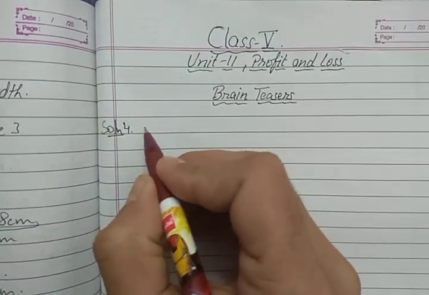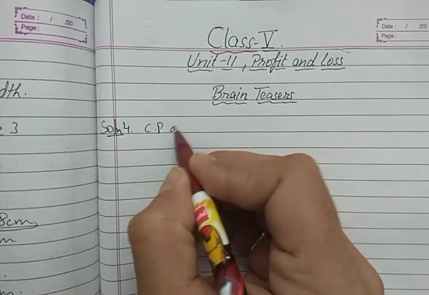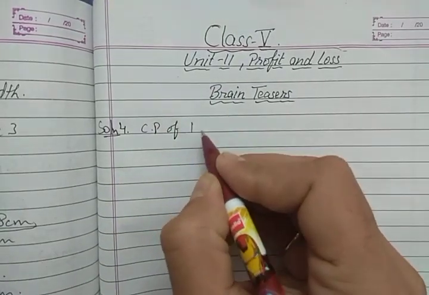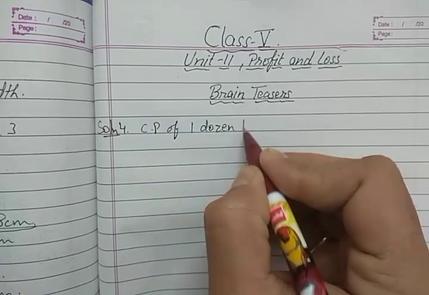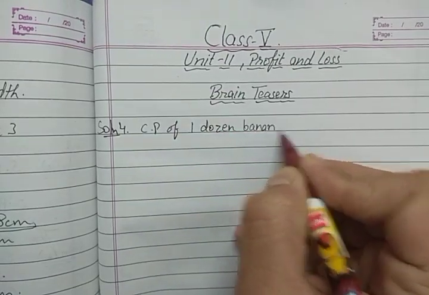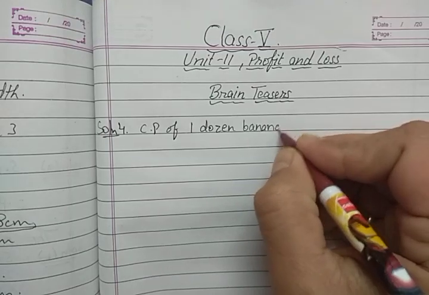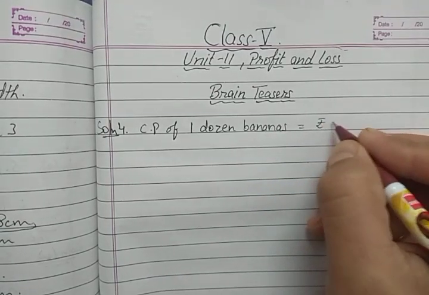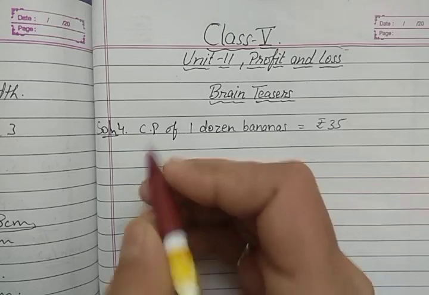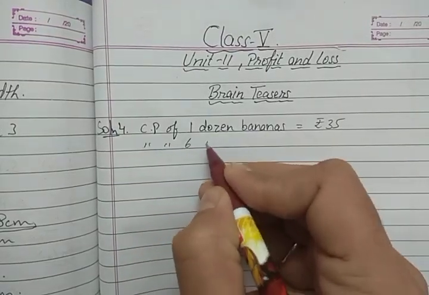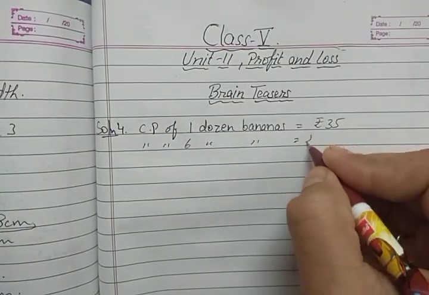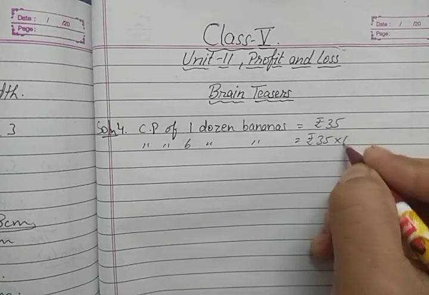So here cost price of 1 dozen banana, right? That is rupees 35. And you have to find out the cost price of 6 dozen bananas. So that is 35 multiplied by 6.